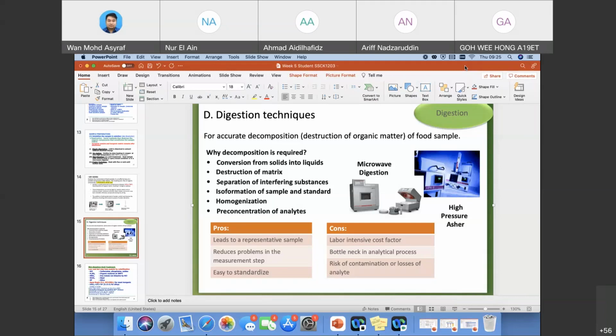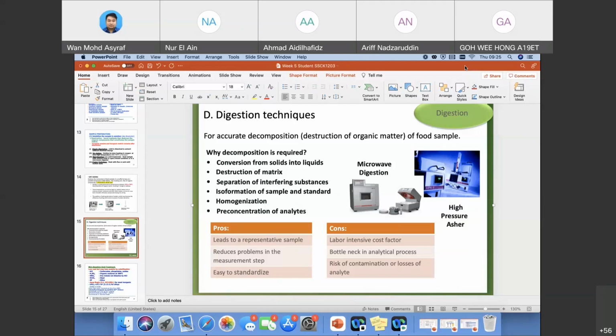So bila you pre-concentrate it, for example from 1 liter you convert it into 100 ml. The concentration of your analyte will be much higher as compared to the concentration in 1 liter of river water. Now you have only 100 milliliter of river water but it contains the same amount of analyte as opposed to the 1 liter.